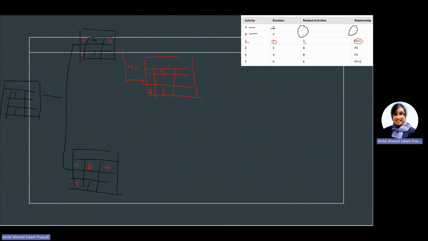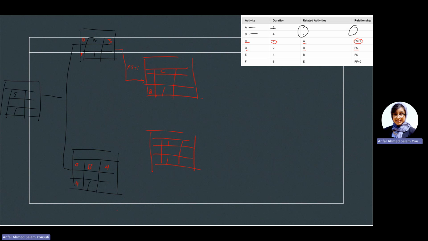Then we have D. D, the related activity is B, and it is finish to start, meaning my D is supposed to be somewhere in here. Okay, I could have my D somewhere in here.